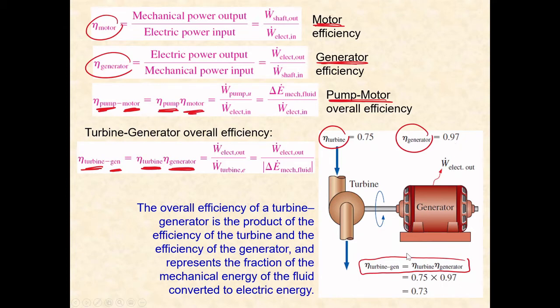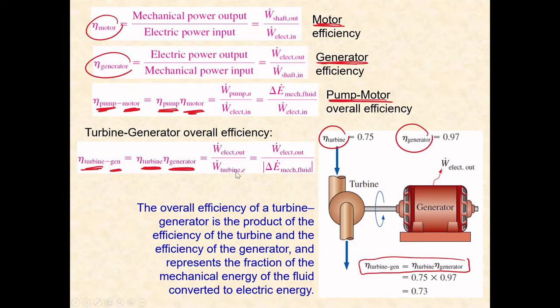All right, so if you want to know the overall efficiency, you need to multiply the turbine efficiency with the generator efficiency. So 0.75 multiplied by 0.97, you get 0.73 overall. So in this case, that is the overall efficiency given by the turbine and generator.